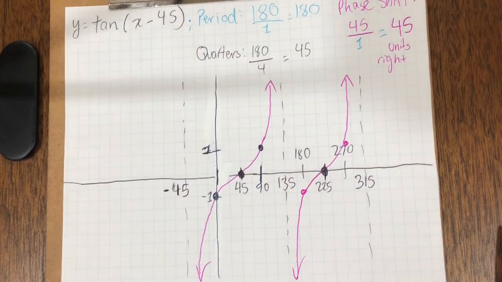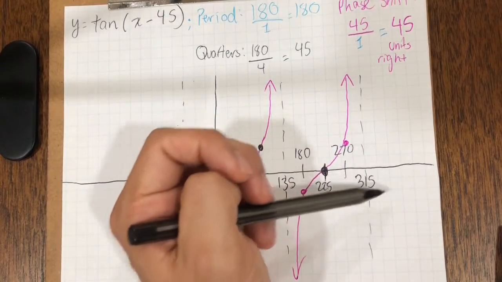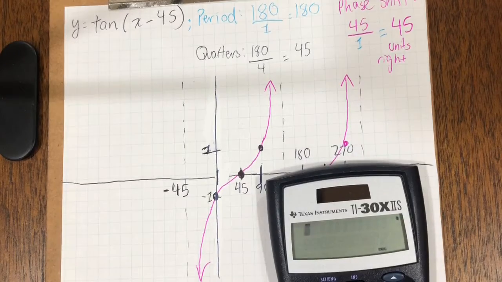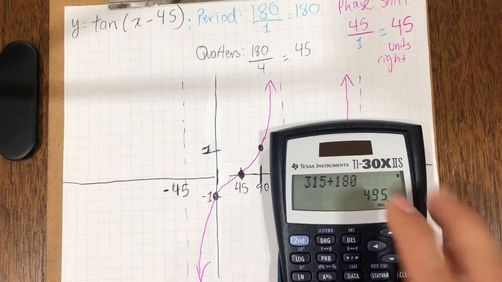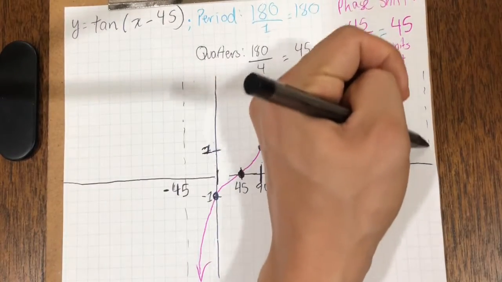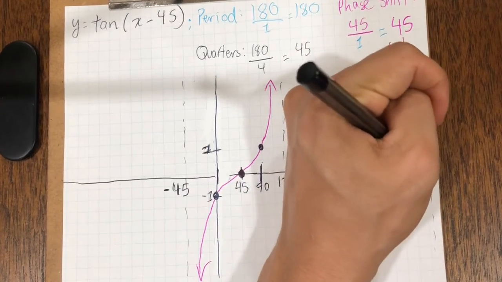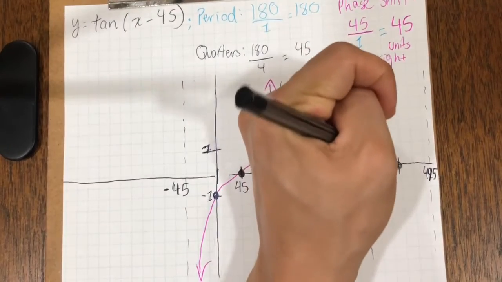So now we're going to get our third and final graph with the little space that we have over here. So now we have the third graph that is in the range of 315 and another asymptote. So I'm going to take 315 and add it to 180, which is the period, and I get 495. All right, so my other asymptote is going to be 495. Then I have my midpoint.